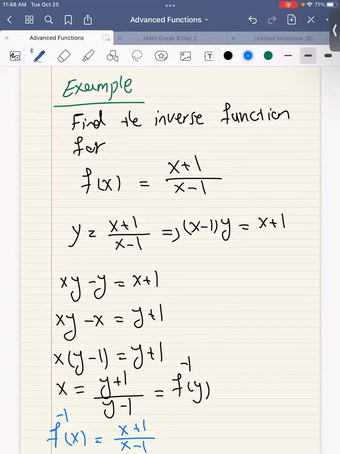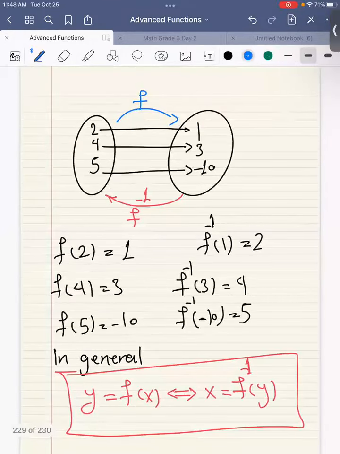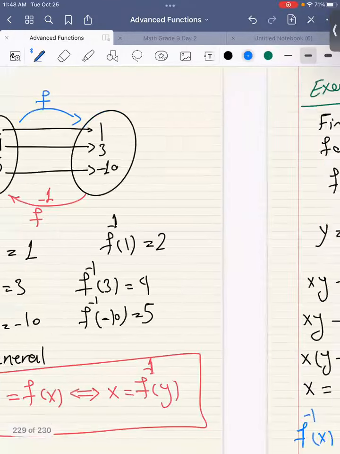Yeah, so for computing the inverse, it's important that the function needs to be one-to-one. But here I give you some exercises, so for doing this first, you don't have to worry about one-to-oneness.